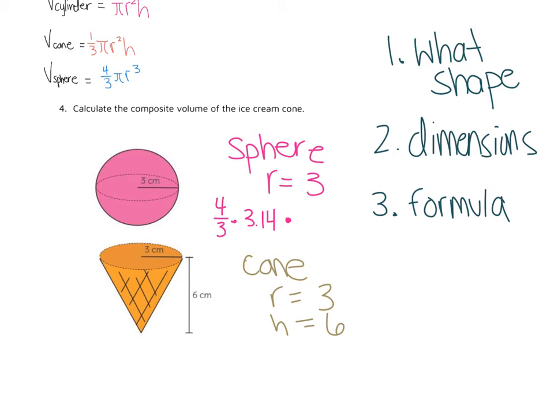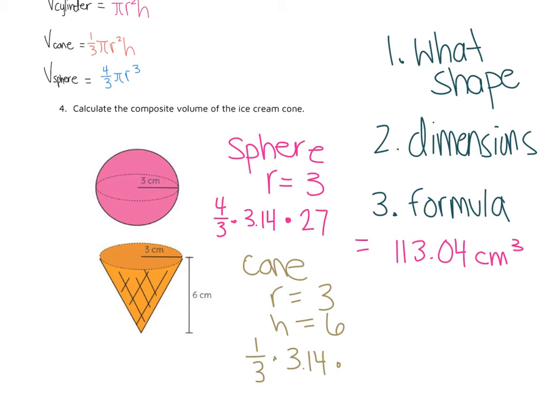So 3 times 3 is 9, times 3 is 27. So I'm going to multiply those together. And that equals 113.04 centimeters cubed.